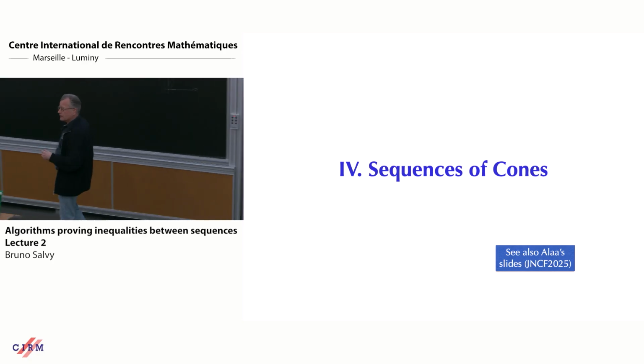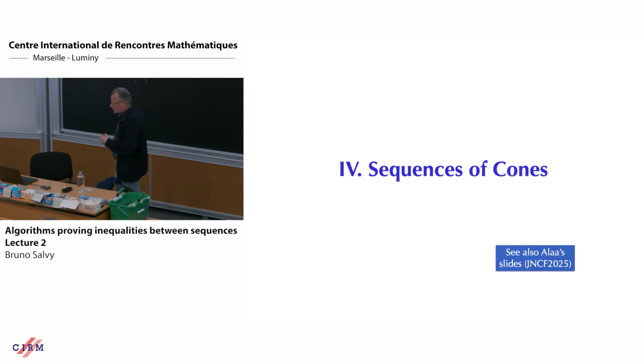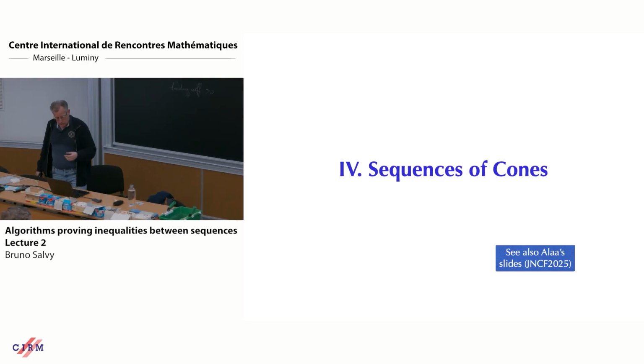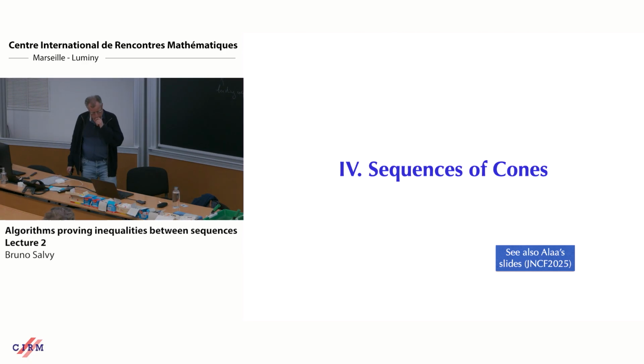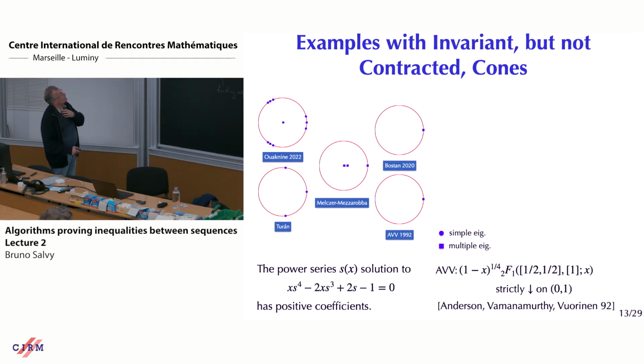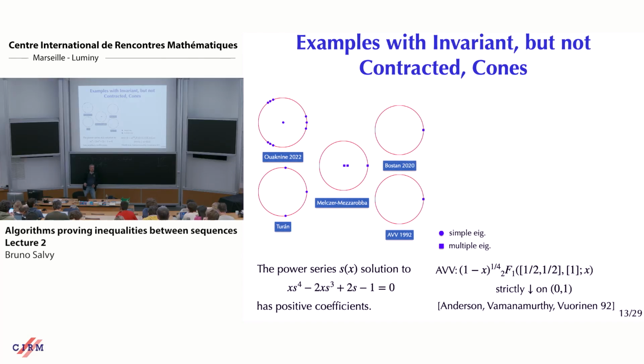So maybe you can find the slides on the web with illustrations. So we had those examples where the limit matrix did not have a contracted cone, but it had an invariant cone.